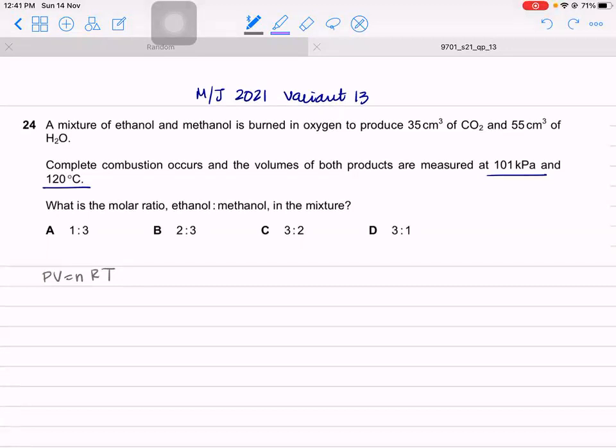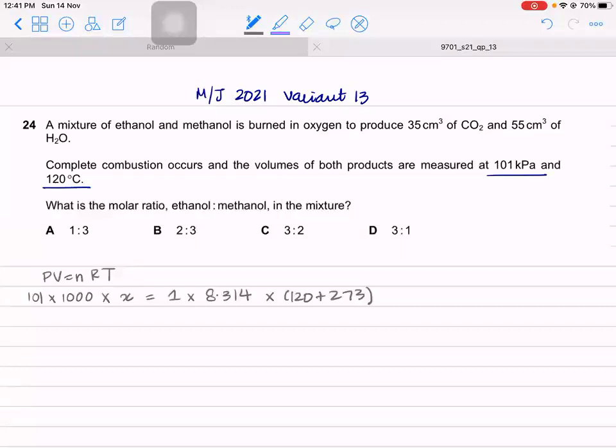So the pressure is 101 kilopascals, and we convert it to pascals by multiplying by 1000. The volume is what we need to find: how much volume 1 mole occupies under these conditions. Moles is 1, the value of R is 8.314, and the temperature is 120 plus 273.